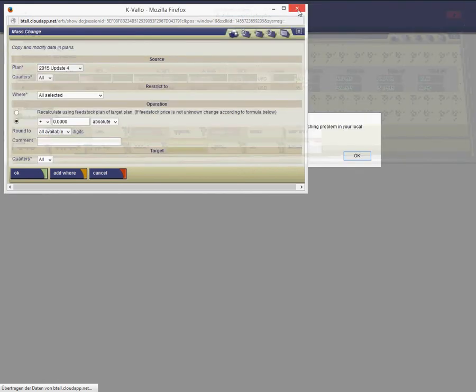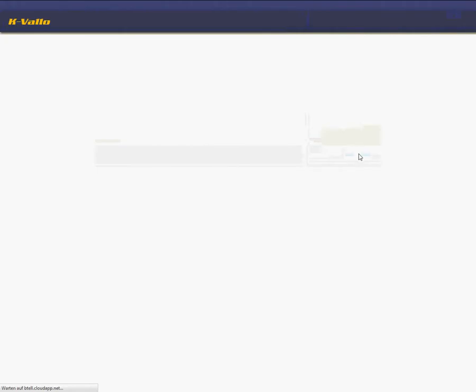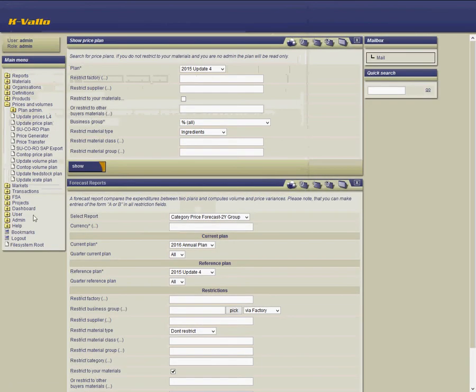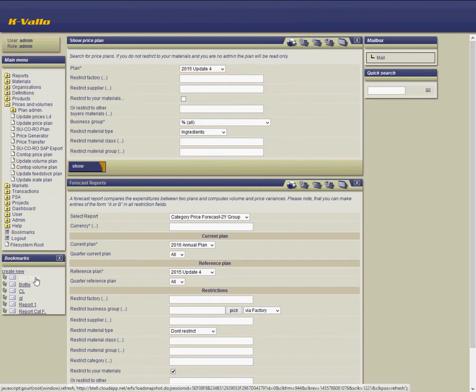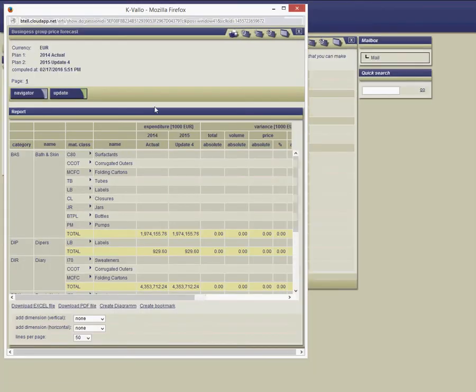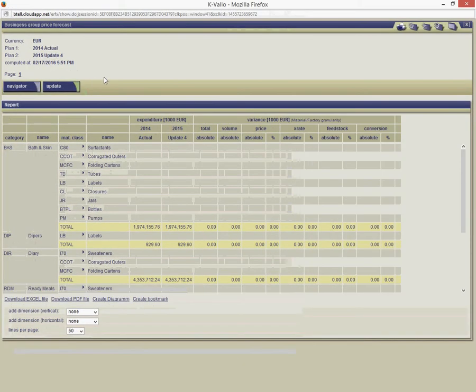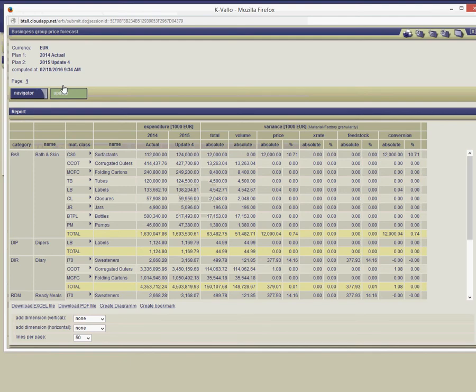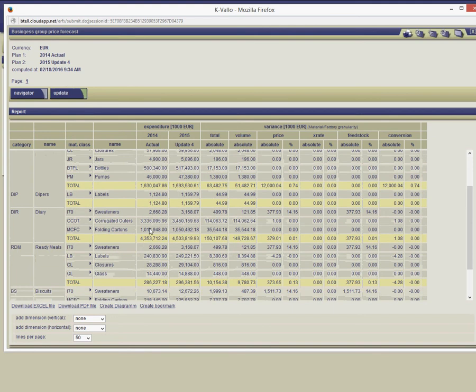So coming back to our report, we have increased the sugar price. We have increased the global market for sugar, and we have adjusted the price of sugar, which happens to be the same name, and we see it is a feedstock effect.